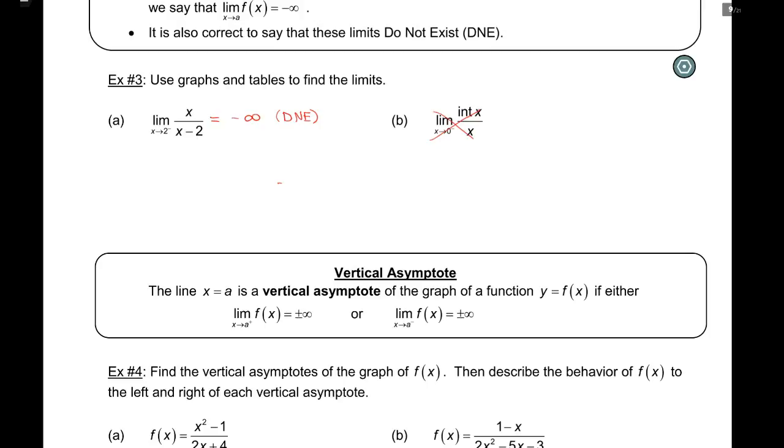You guys don't need to know it for calculus, but the greatest integer function, usually you see it in brackets. The way you read it is the greatest integer less than or equal to this. Imagine a number line: you just look at the integer to the left. So if I put 2.9, it's still 2.